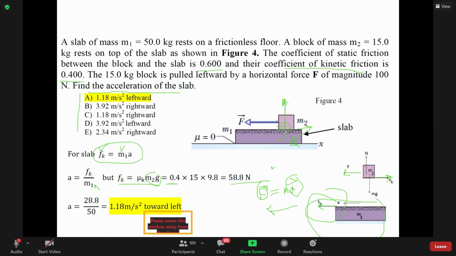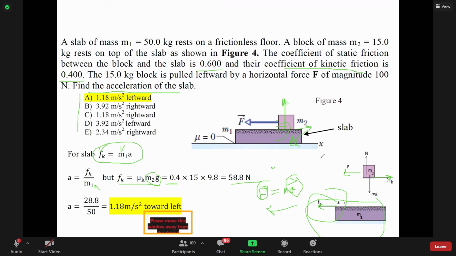When you put a block on a floor, the force of friction is between the block and the floor. Do you agree with me? Focus with me, I want to hear your answer. Muhammad?